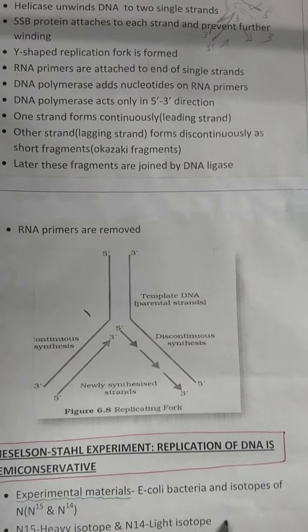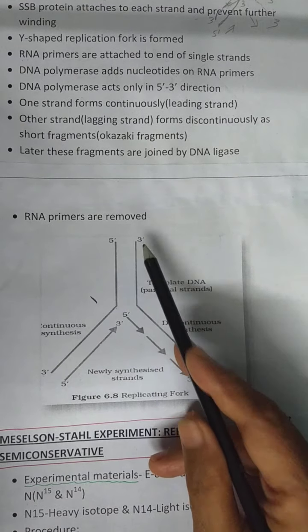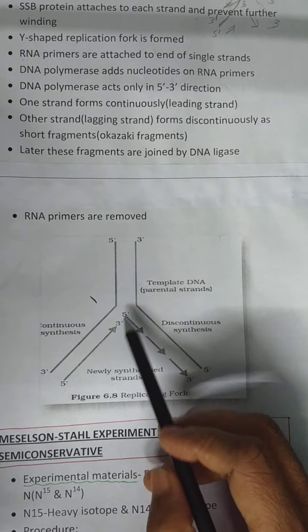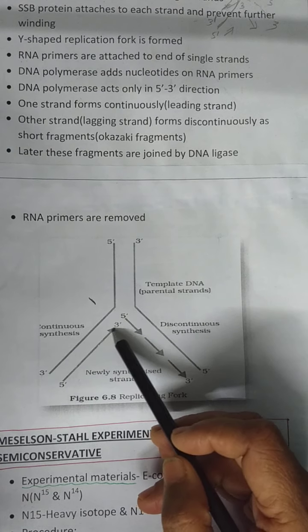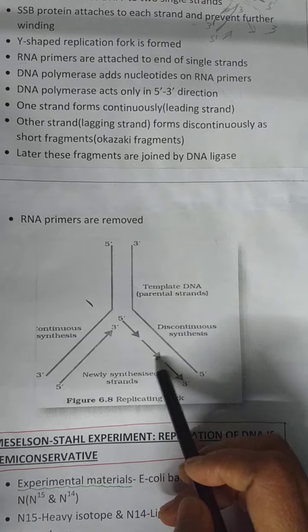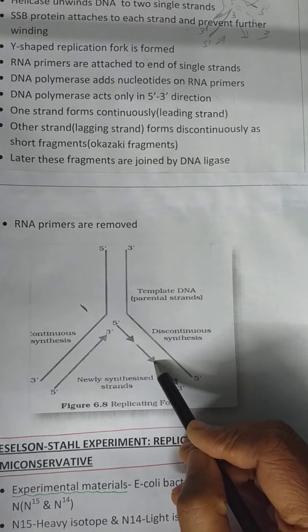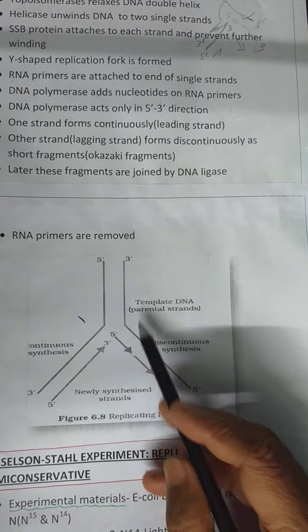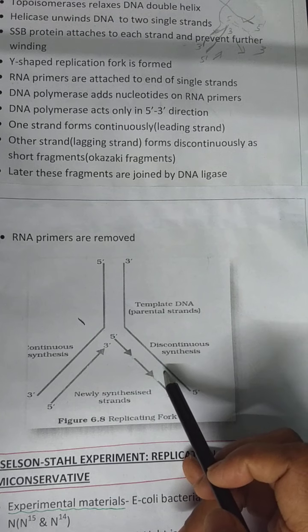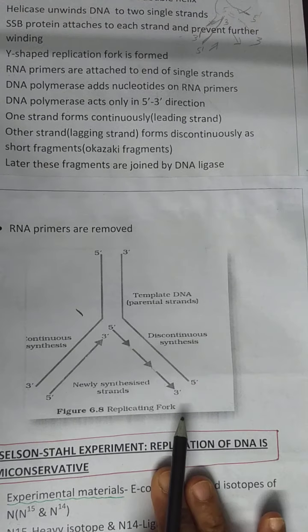You may observe in this figure, this is the replicating fork, 5', 3', 3', 5', always in antiparallel polarity. Here 5' to 3' is the continuously newly synthesized strand, and here is the newly synthesized strand but it is discontinuous. Later on it is joined by ligase enzyme. In this way DNA replication is occurring.